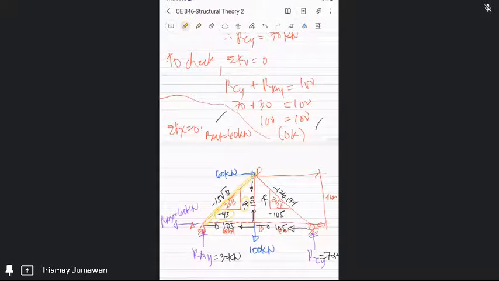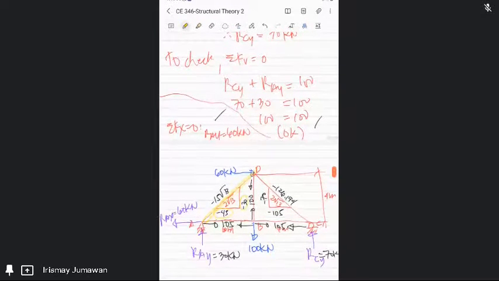The sign is negative, so negative 45. To get member AD itself, I multiply it by square root of 13 divided by 6. That's why I get negative 15 square root 13. So I have to balance at joint A. The x component of member AD must balance with the component of AB.